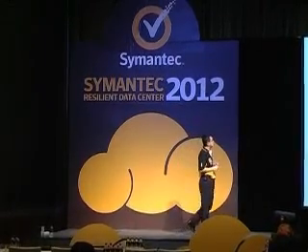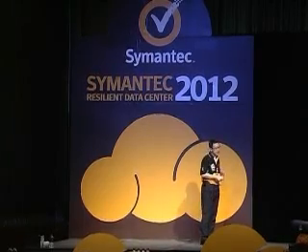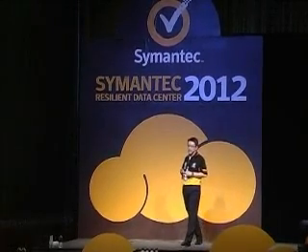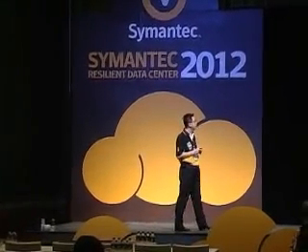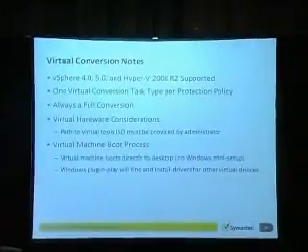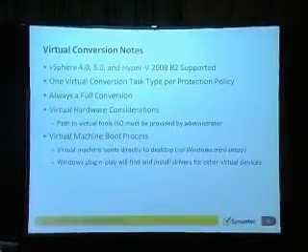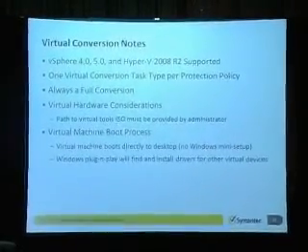So similar experience as the VMware conversions. You get the options to specify your disk partition or whatever settings that you like. We support ESX 4.0 and upwards. We support Windows 2008 R2 Hyper-V. For one conversion, you cannot select multiple endpoints. So I cannot choose to convert a physical machine into VMware and Hyper-V.